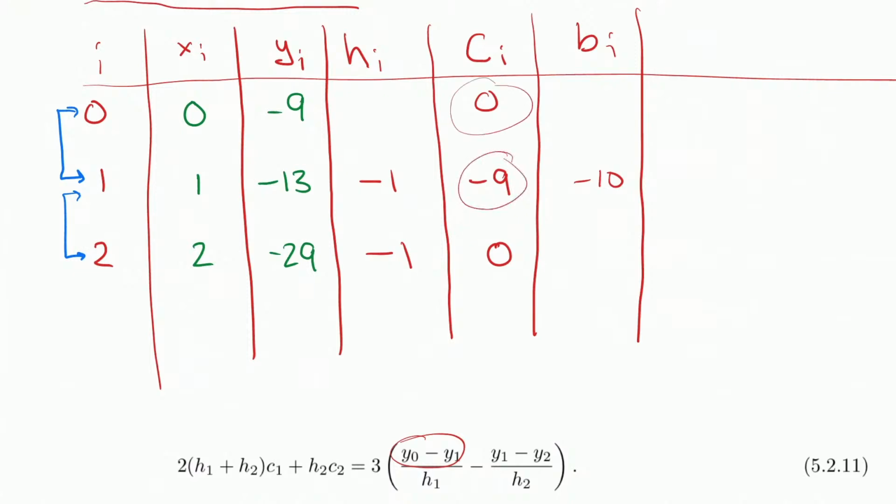It's this divided by this. So D1 is going to be 1/3 of -9 minus 0 over -1. Hope that's right. So that's going to be 3.